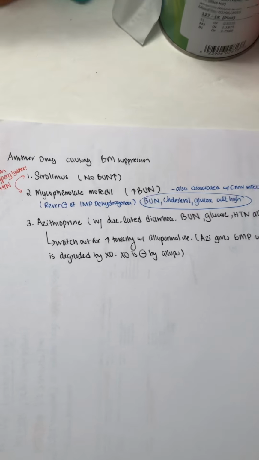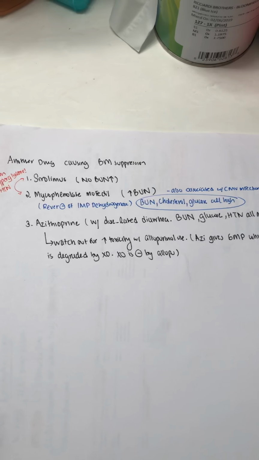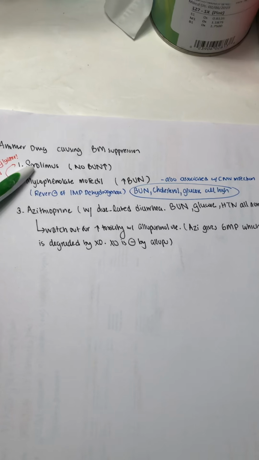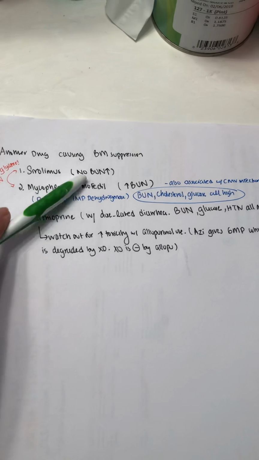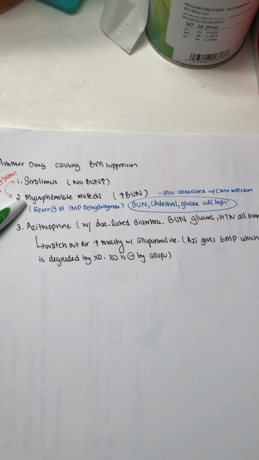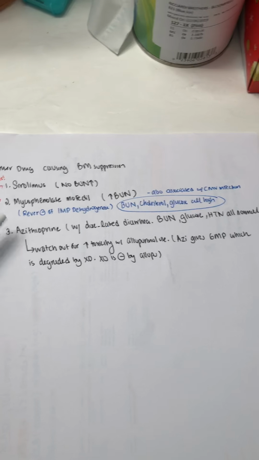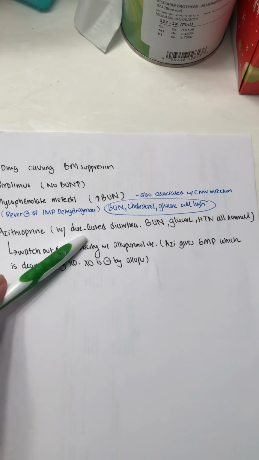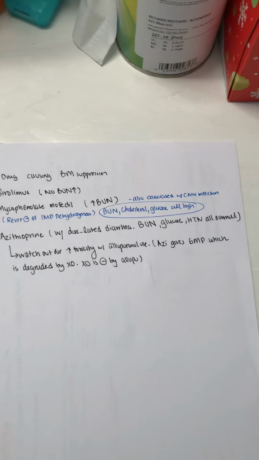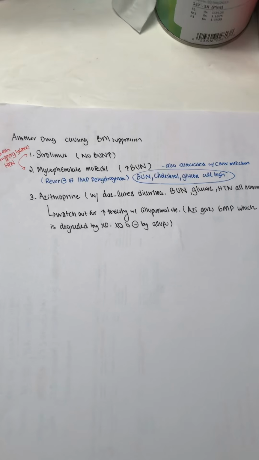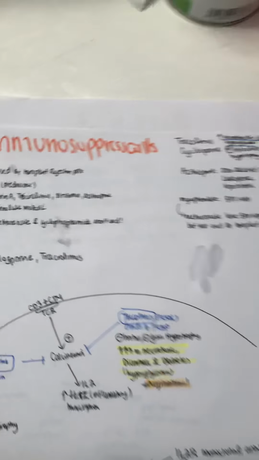And then the bone marrow suppression group: this causes bone marrow suppression, but is renal safe. Mycophenolate is not renal safe, with bone marrow suppression. Azathioprine, look for bone marrow suppression with dose-related diarrhea. So that is the topic for immunosuppressants.